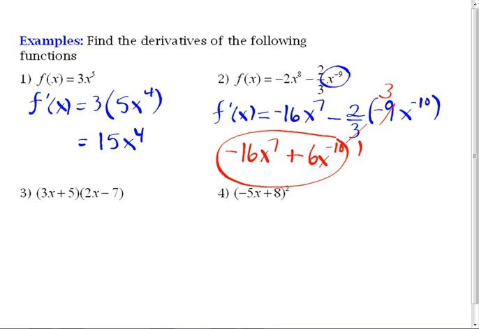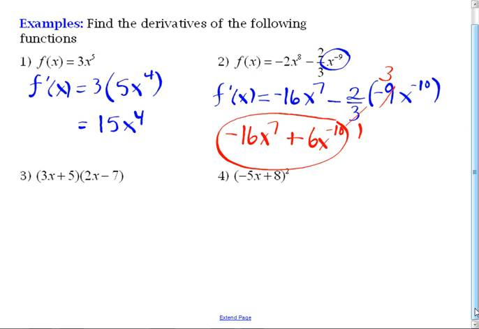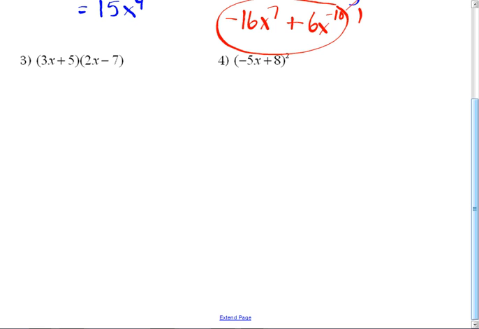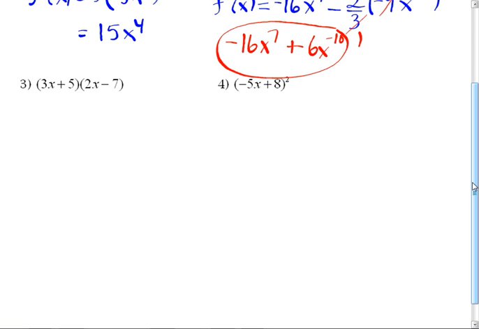Now there's 2 ways to do the next problem. I can use the product rule, or I can multiply it out. And we'll probably do it both ways, just so we can see that. So the product rule says it's 3x plus 5 times the derivative of the 2x minus 7. What's the slope of 2x minus 7? Think geometrically. It's just 2.